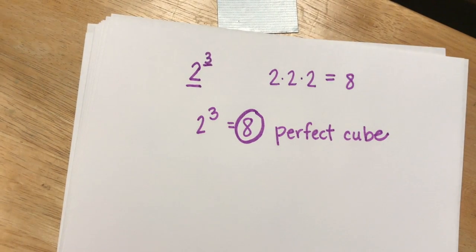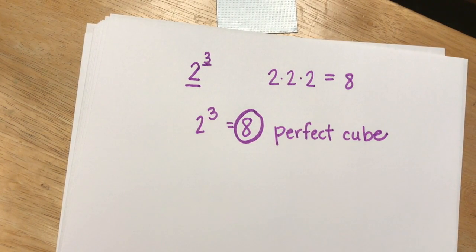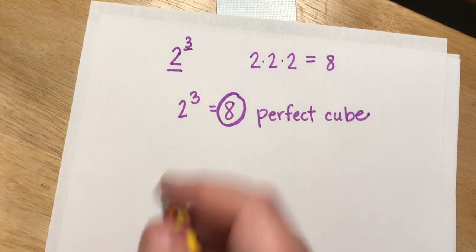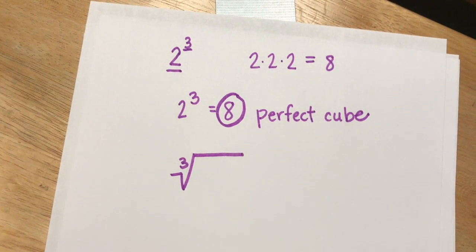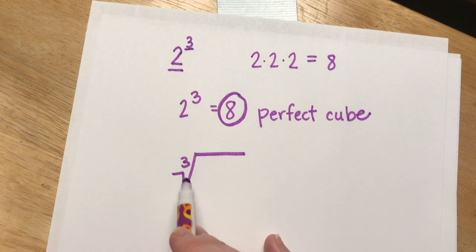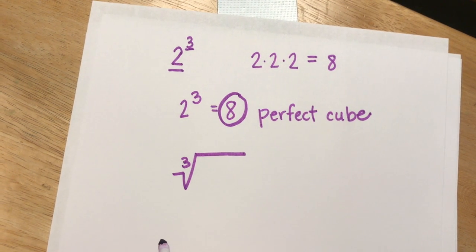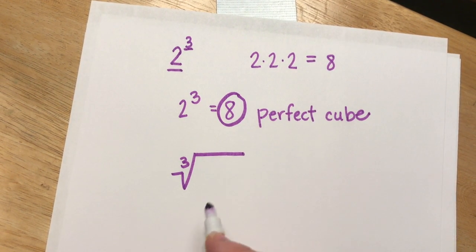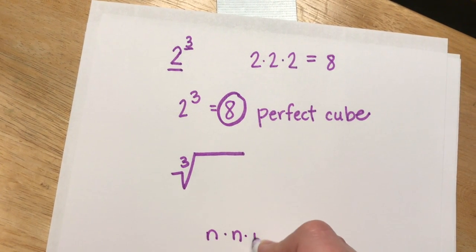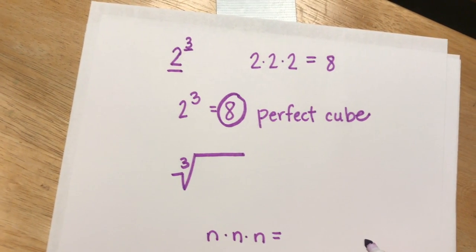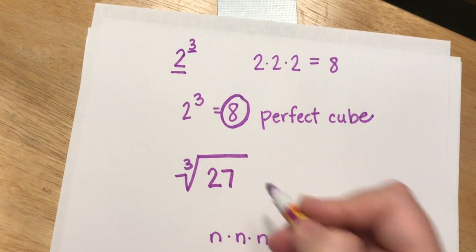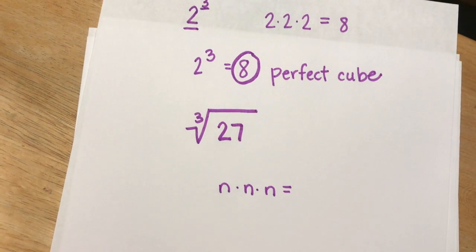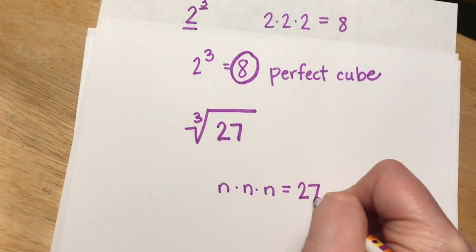Okay? And so, breaking this apart, I now show a symbol of this. It looks like a square root, but this puts a 3 on the outside, just like that. And so it's telling me what number times itself 3 times gives you an answer. In this case, let's do 27. What number times itself 3 times gives you 27?